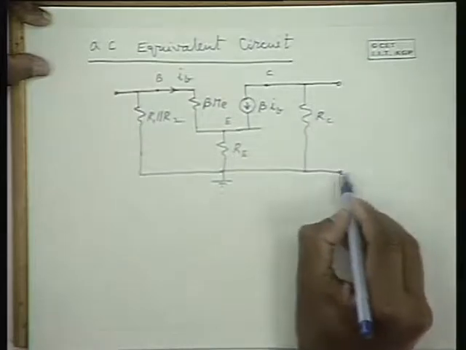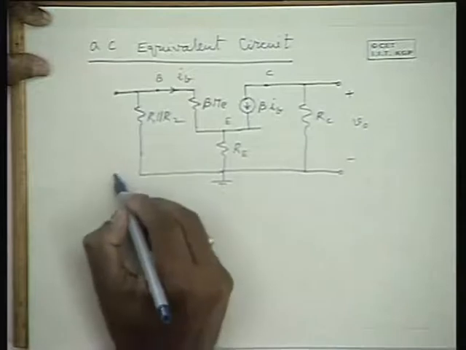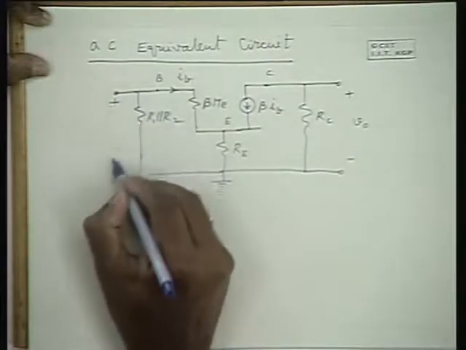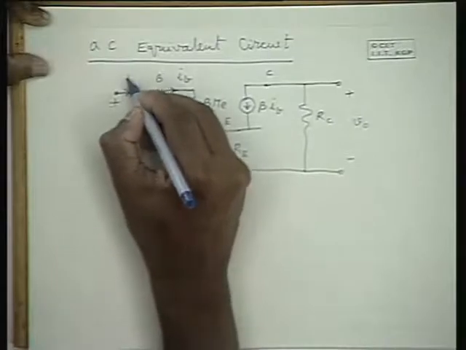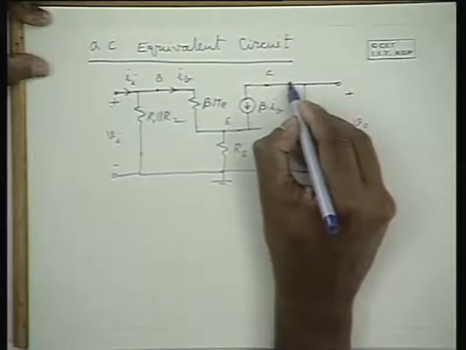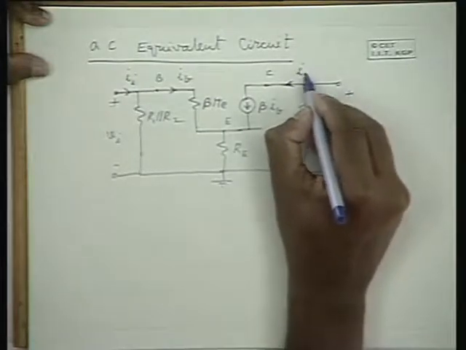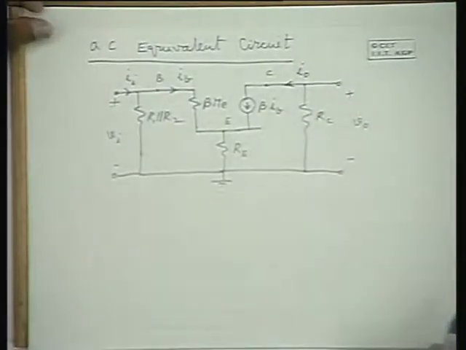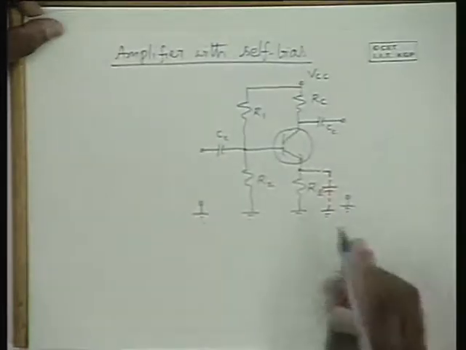Now this is the output voltage, where this is the input voltage and this is the input current, and in the convention which we are following, this is the output current. This is the equivalent circuit of the amplifier circuit shown here.